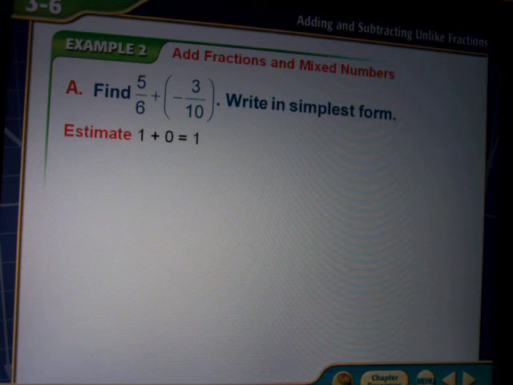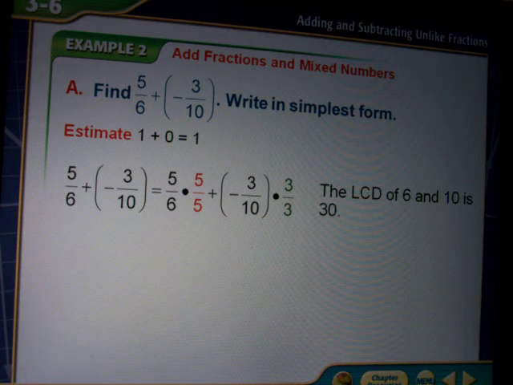So now we're going to find 5/6 plus a negative 3/10. And we're going to write that in simplest form. So they're saying it's going to be about 1. So now we're going to change everything, so that the least common denominator of 6 and 10 is 30. So we're going to change everything into 30ths.